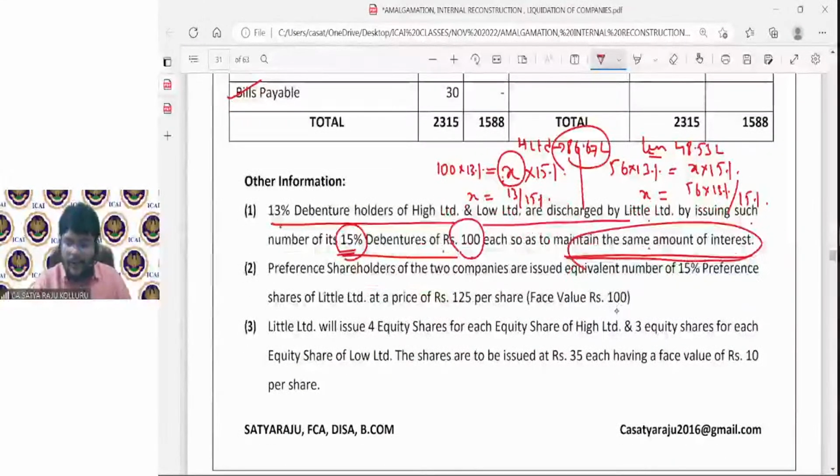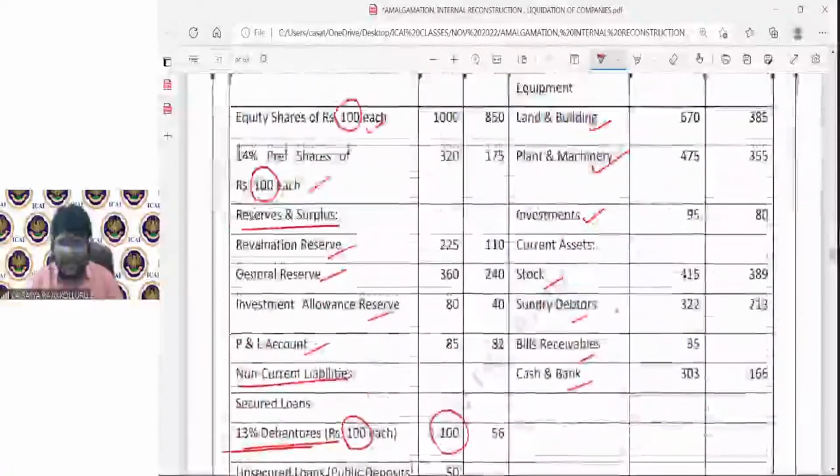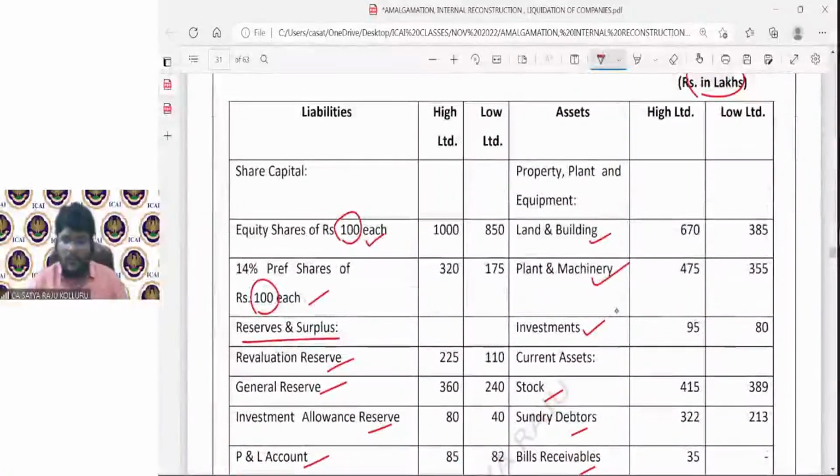Next, preference shareholders of the two companies are issued equivalent number of 15% preference shares of Little Limited at a price of 125 rupees per share. Equivalent number means for 14% preference shares of High Limited, 320 lakhs divided by 100 means 3.2 lakh shares are there.